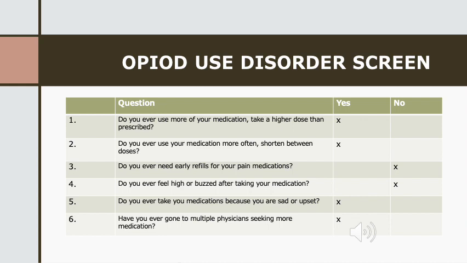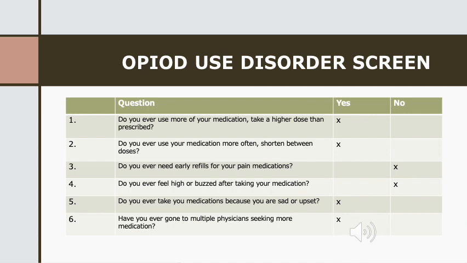Opioid use disorder screen. It's a useful tool to screen patients and understand if they are opioid addicted. So there are 6 questions. Question 1 is, do you ever use more of your medication, take a higher dose than prescribed? Yes or no?